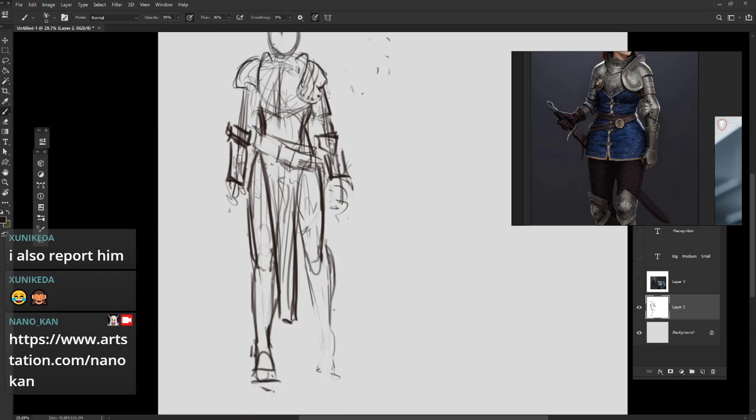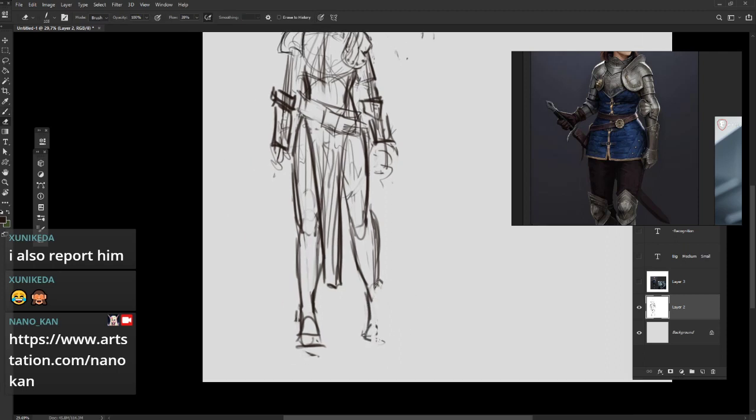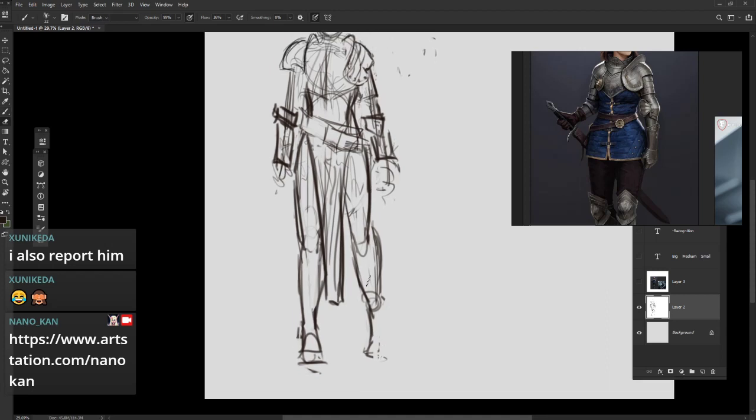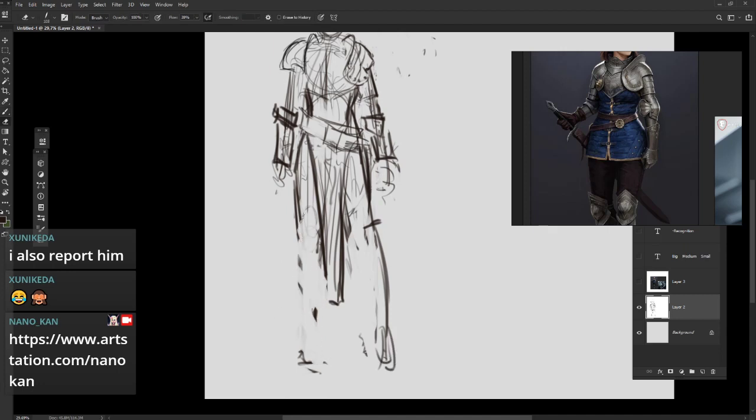Because maybe she has her feet a little bit more into the back. Or I'll try a slightly different pose from the feet part.